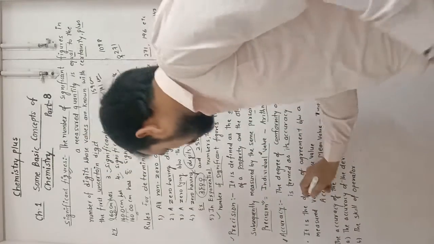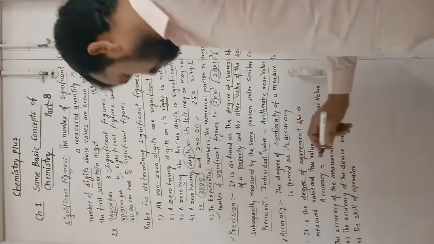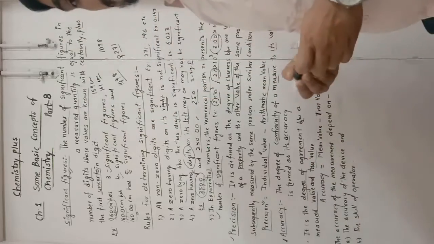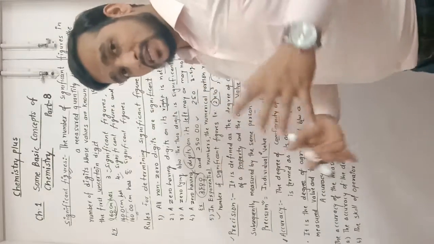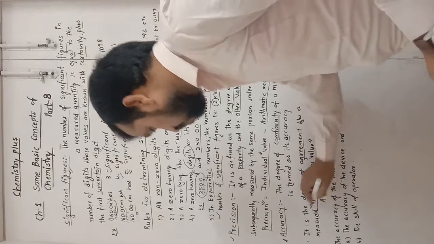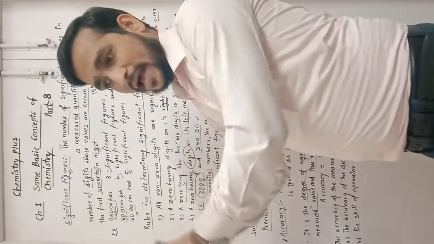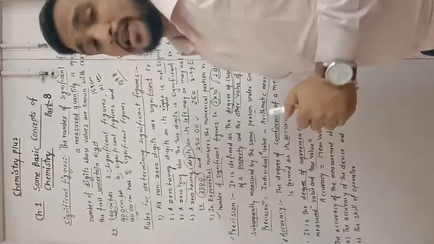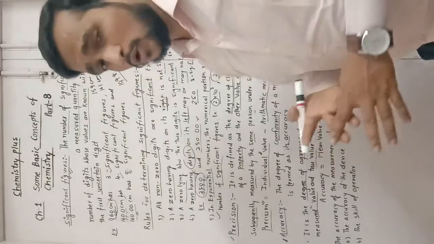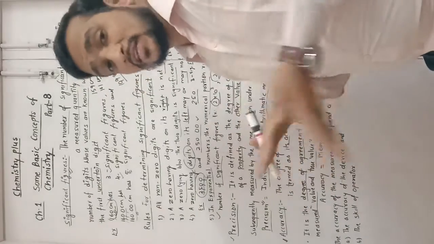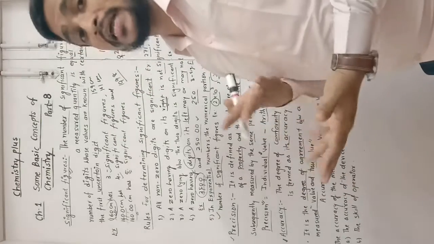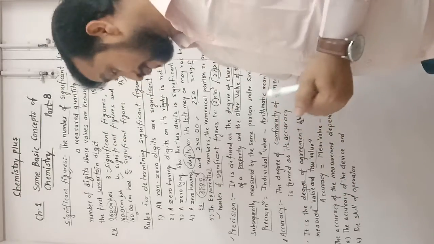In other words, it is the degree of agreement between a measured value and a true value. It relates two terms, the true value and the measured value. If we find the measured value of some physical quantity, and it has a true value, then by comparing these two quantities we find the accuracy of the measured quantity.